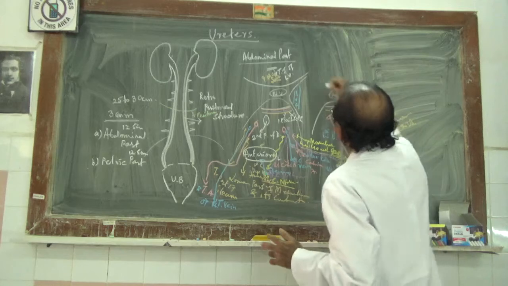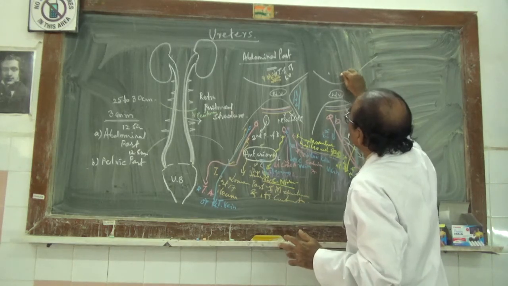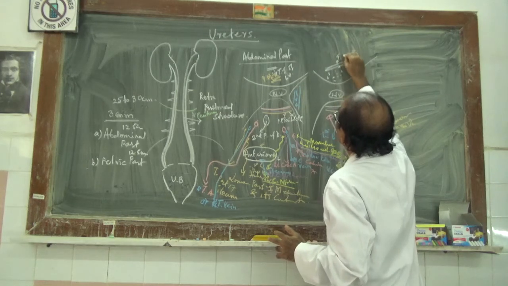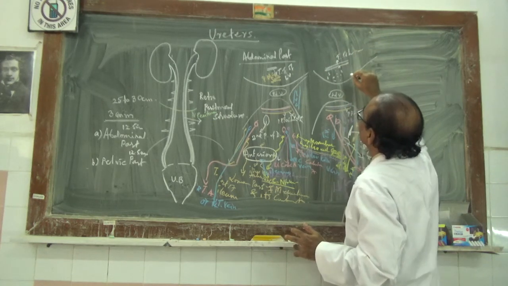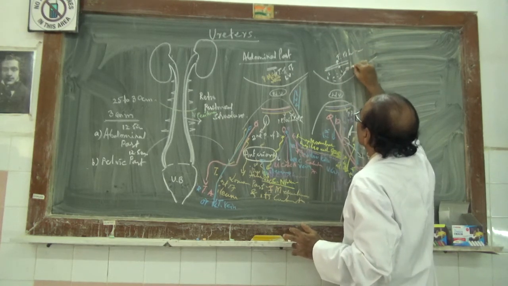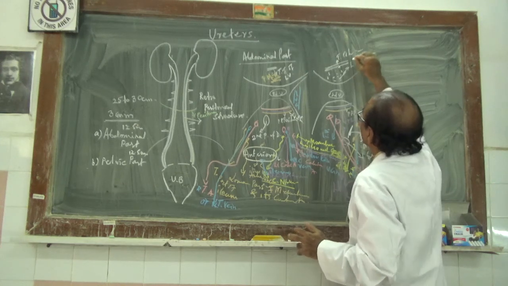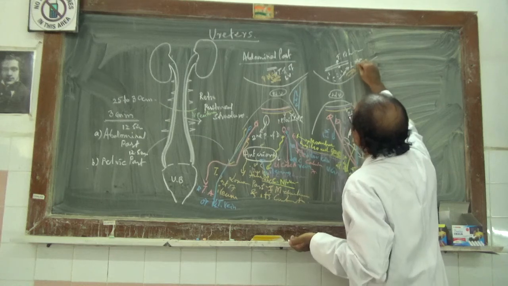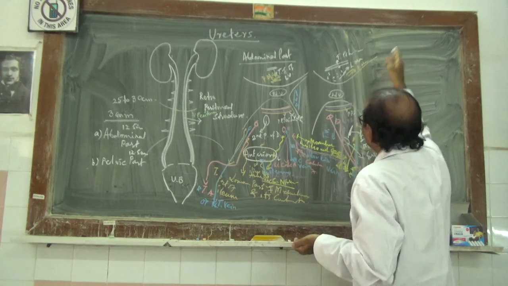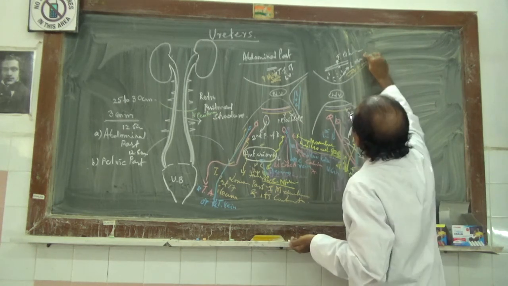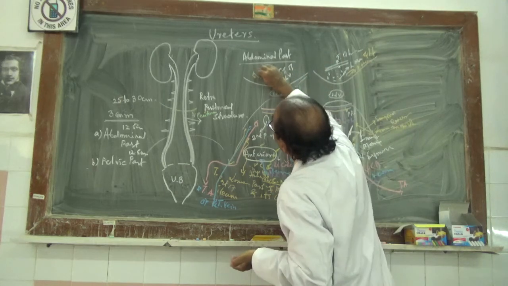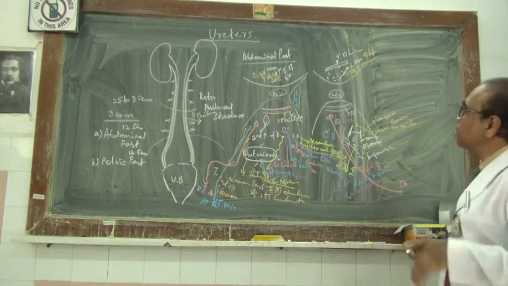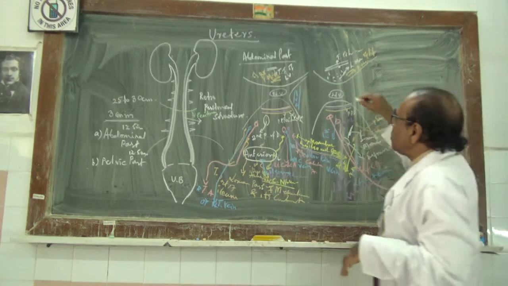Now what will you have behind? Behind you will have the transverse processes of the lumbar vertebrae, then the lateral margin of the left psoas major. Now what will you have medially?